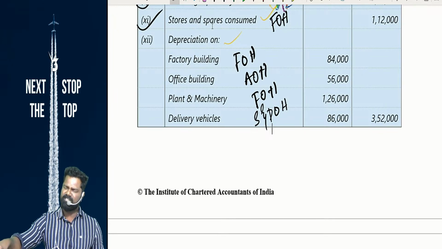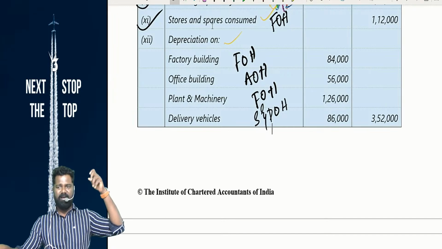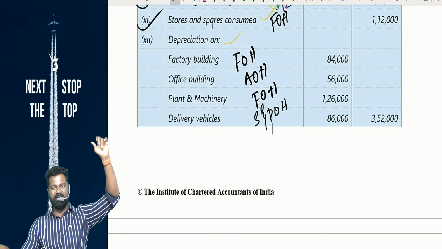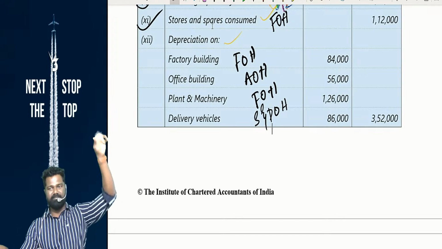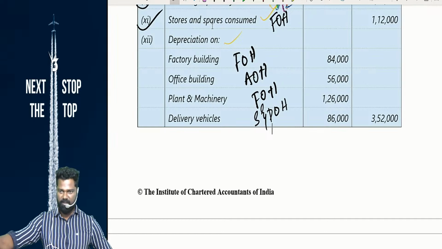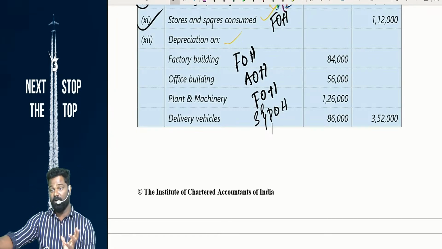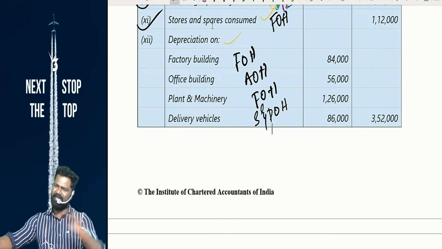Since spares and stores are generally used day by day, say a fan, or screws going into components, all that comes in indirect only. Why? Because it's not product specific. Spares and stores are not product specific, they are generally used.